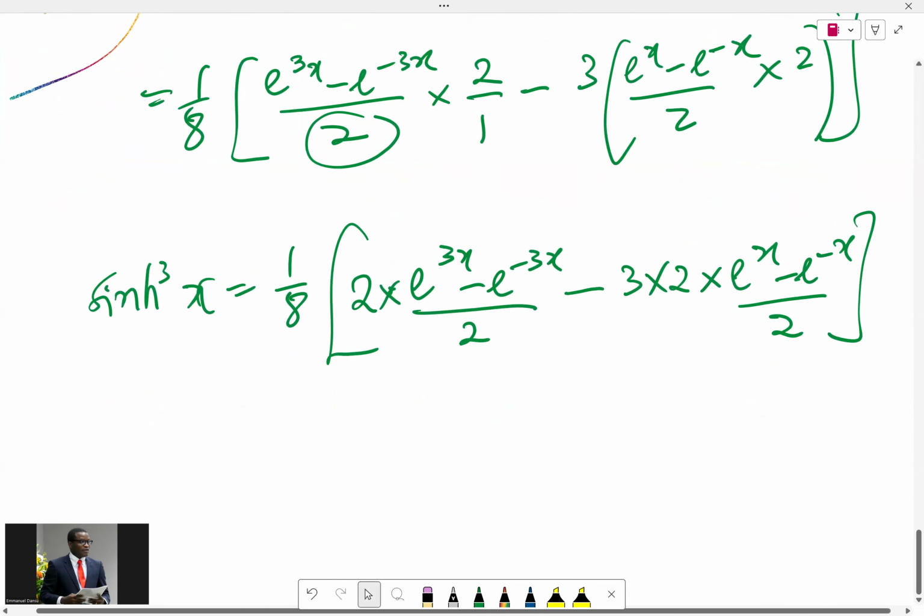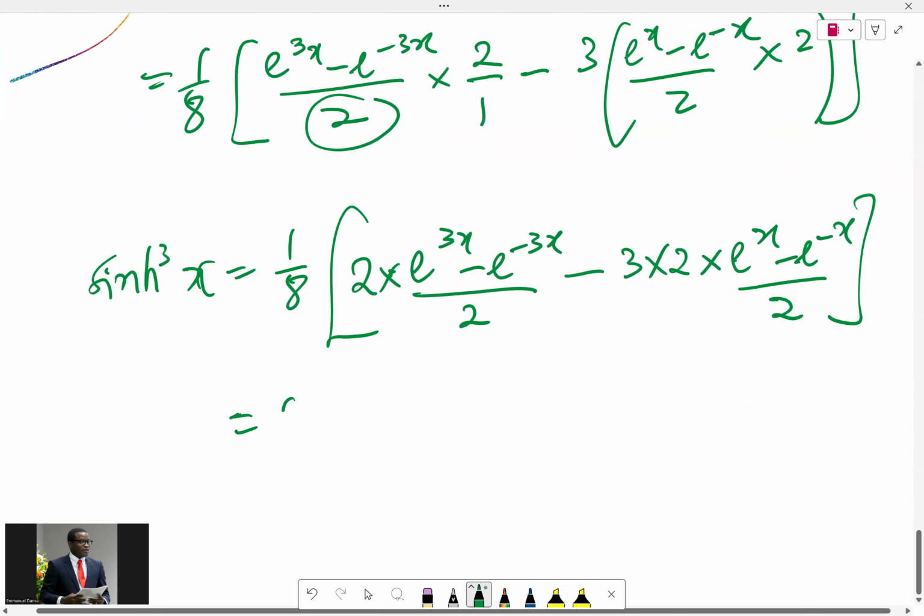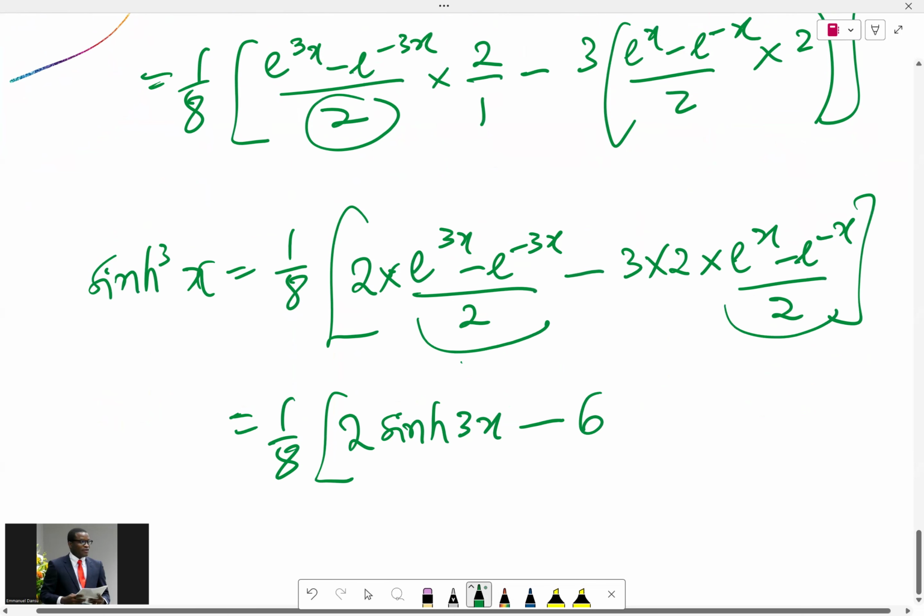Okay, so that will be 1 over 8 into 2 sine 3x minus 3 times 2 is 6. Then the whole of this now is sine 3x, and the whole of that is sine x by definition. So this is sine x.